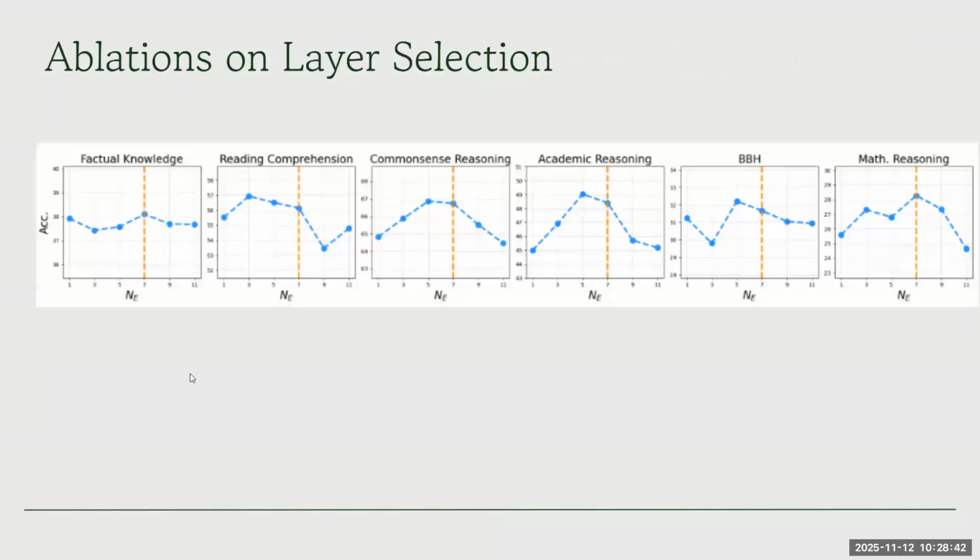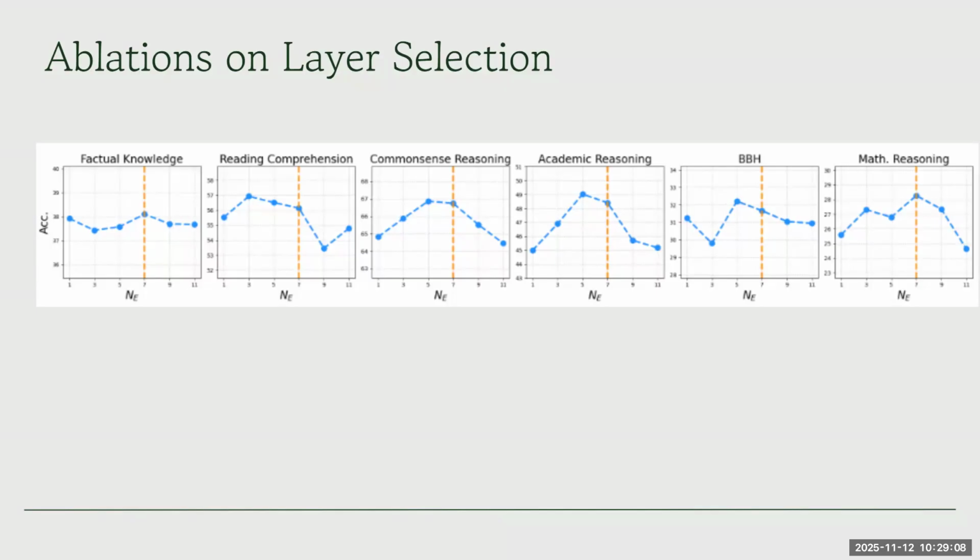So give me a sec. Ablations on layer selection. In this section, the authors were trying to make their case for why using the angular distance to determine which layers fall into the encode, think, and decode blocks was a reasonably informed decision.